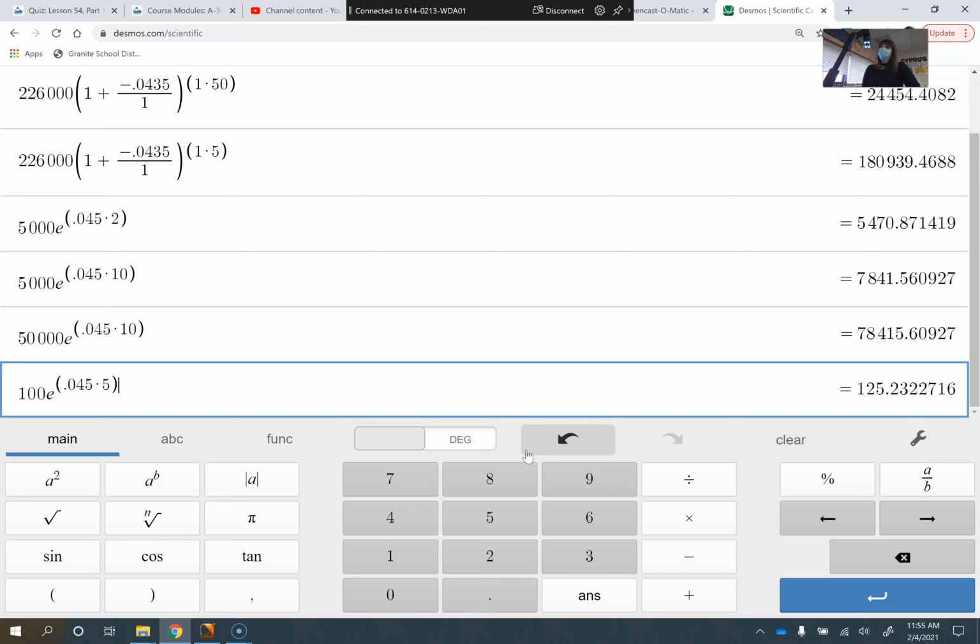Well, tritium started with how much? 10. Sodium started with 15. So sodium-22 started with the greater amount. Tritium started with 10, sodium started with 15.